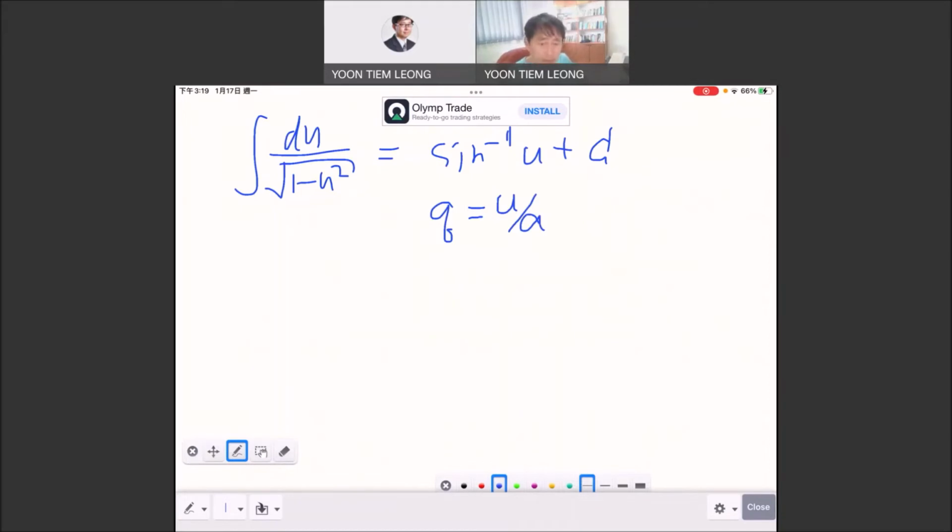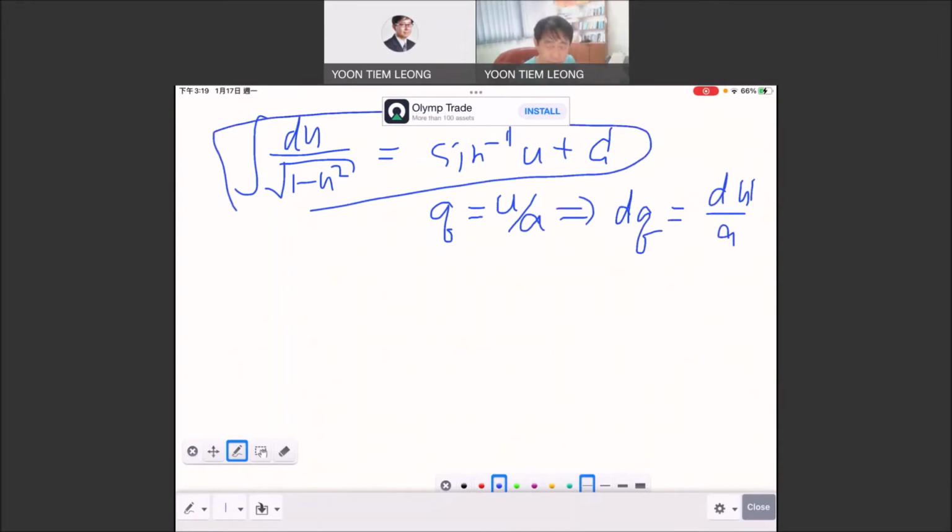If you do it like that, then you easily show that dq is just equal to du over a. Then you just rewrite these equations in terms of q instead of u. So here the left hand side is du. du is just a times dq, and then downstairs would be 1 minus u squared.